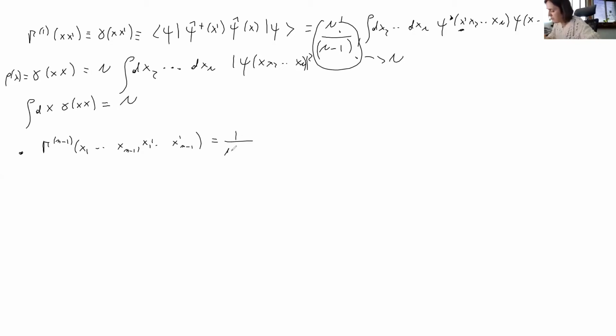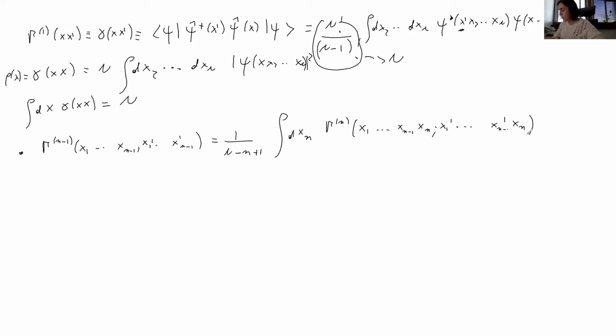So there is a prefactor minus n plus 1, and this is the integral in the xn of gamma n of x1 ... n-1 xn, x1 prime, xn-1 prime, xn.